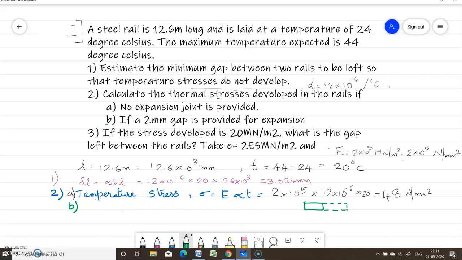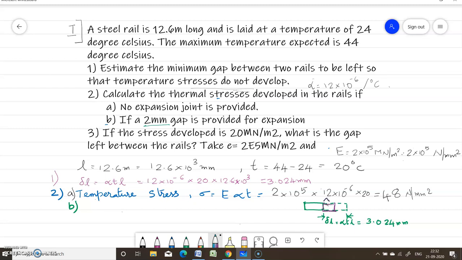It will expand to a distance equal to delta L, which is equal to alpha into T into L, and you have got that value as 3.024 millimeter. Okay, if it is allowed to expand freely, it will expand to a distance of delta L. Now it is given that a 2 mm gap is provided, that is, there is a gap which is equal to 2 mm, and the rail is allowed to expand for this much distance only.